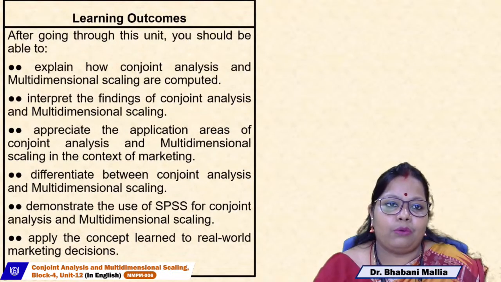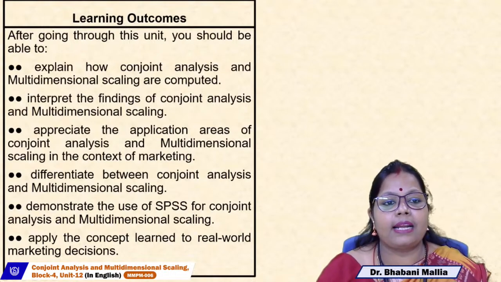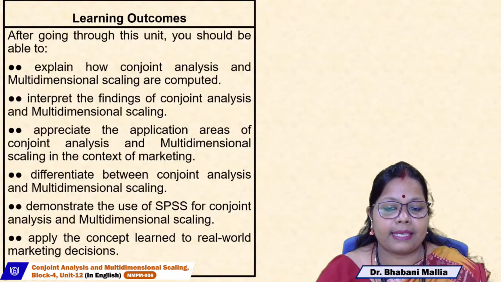Coming to the outcomes of this unit, we will be able to explain how conjoint analysis and multidimensional scaling are computed in this module, how important they are, and how they help us in taking managerial decisions in marketing research.